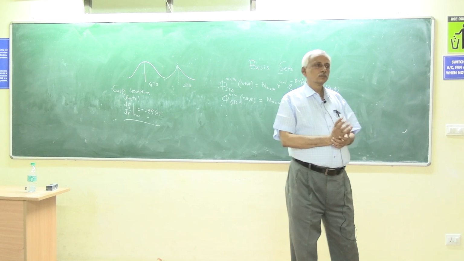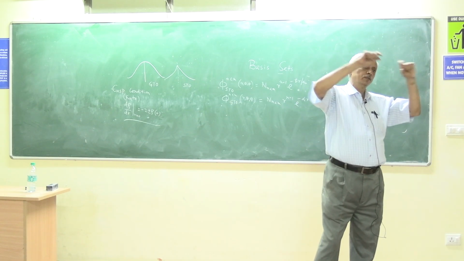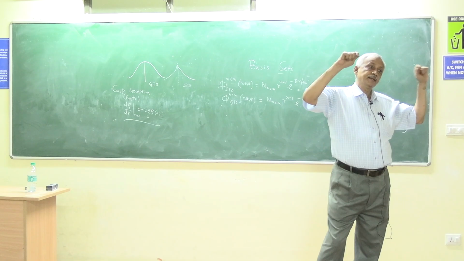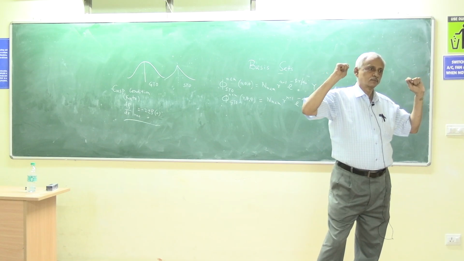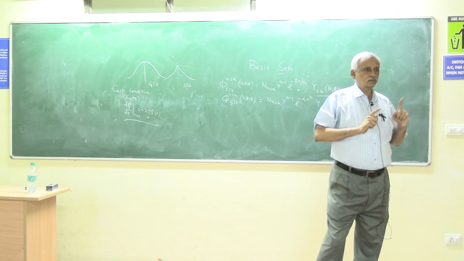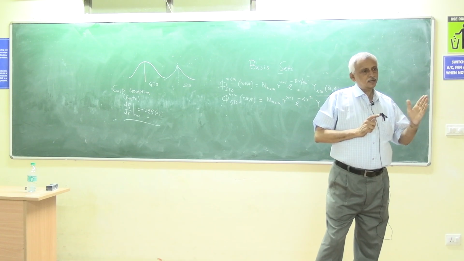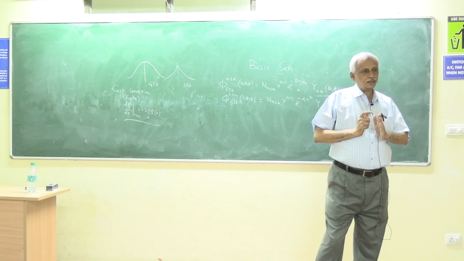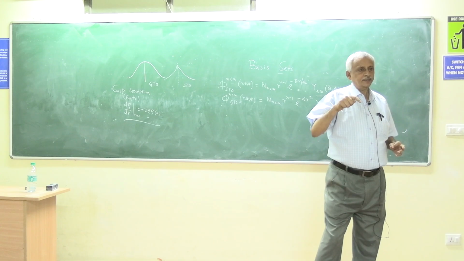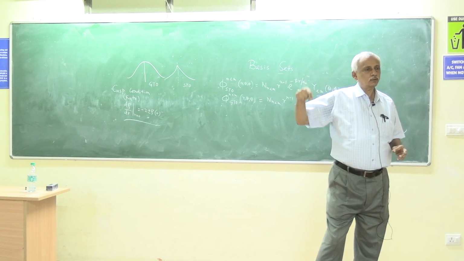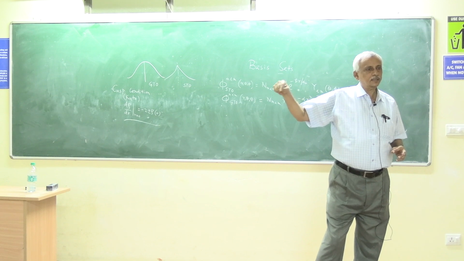Now, suppose you recall, even in Hartree-Fock theory, when we calculate the energy, let us say the Coulomb energy, you have phi i star, phi j star, 1 by r12, phi k, phi l, d tau i, d tau j, d tau k, d tau l.